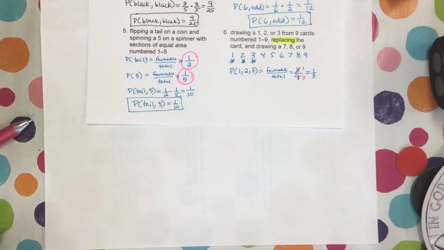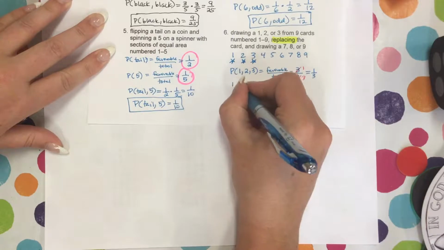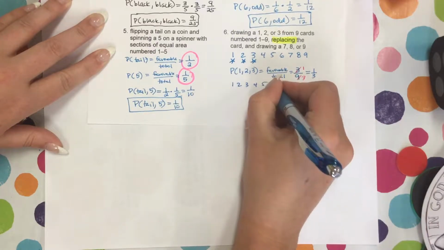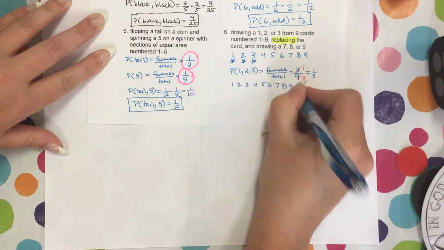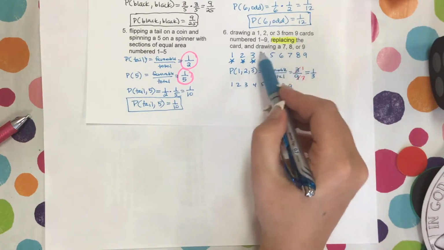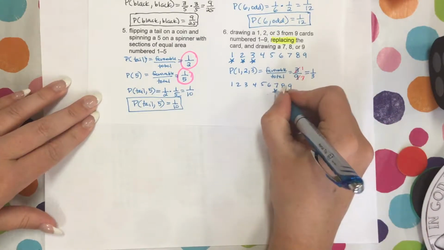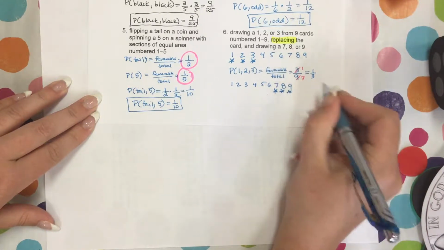So it gets replaced, and we have, again, 1 through 9, except this time they want to know the probability of drawing a 7, 8, or 9. So our favorable outcomes are 7, 8, or 9.